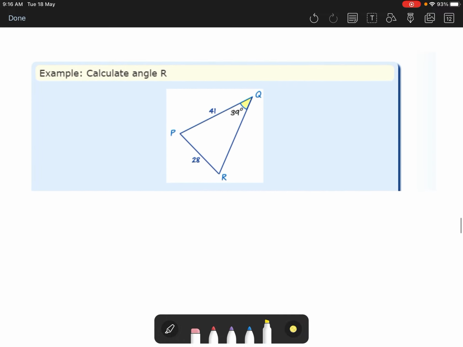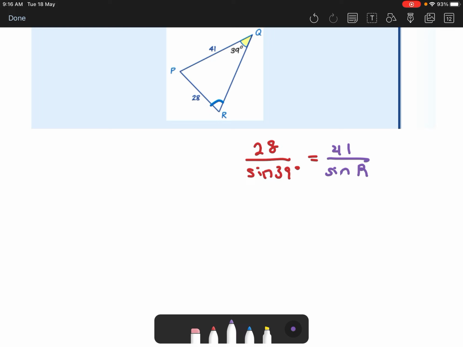For the next example, we want to calculate what is our angle R. So we should use our sine rule. 28 over sine 39 degree is equal to 41 over sine R. Same thing, just cross multiply. 28 sine R is equal to 41 sine 39.